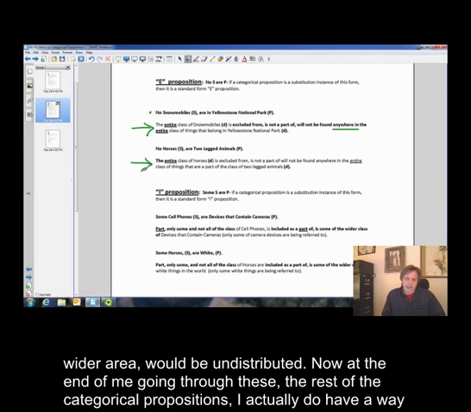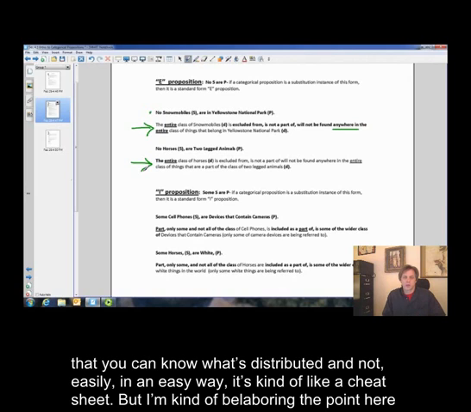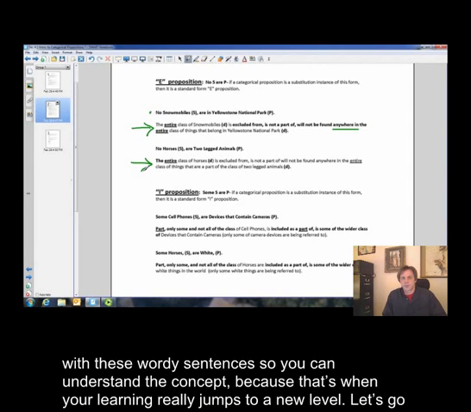Now at the end of going through the rest of the categorical propositions, I actually do have an easy way that you can know what's distributed and what's not. It's kind of like a cheat sheet, but I'm belaboring the point here with these wordy sentences so you can understand the concept, because that's when your learning really jumps to a new level.